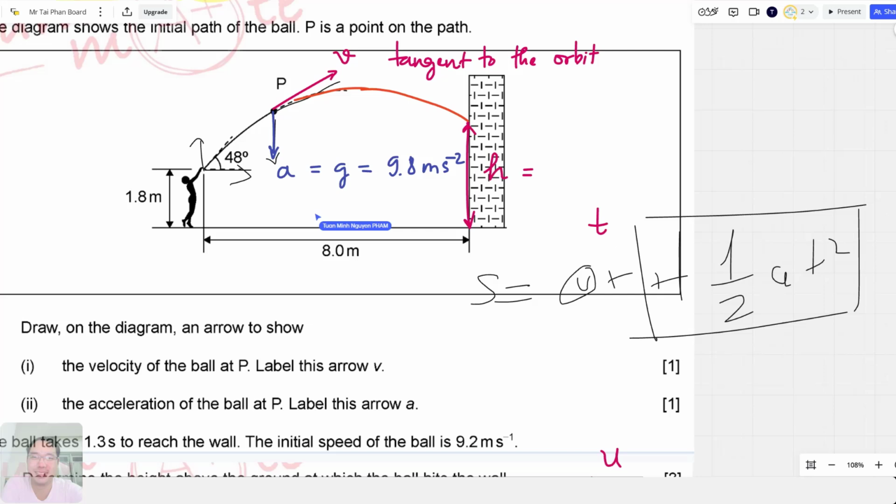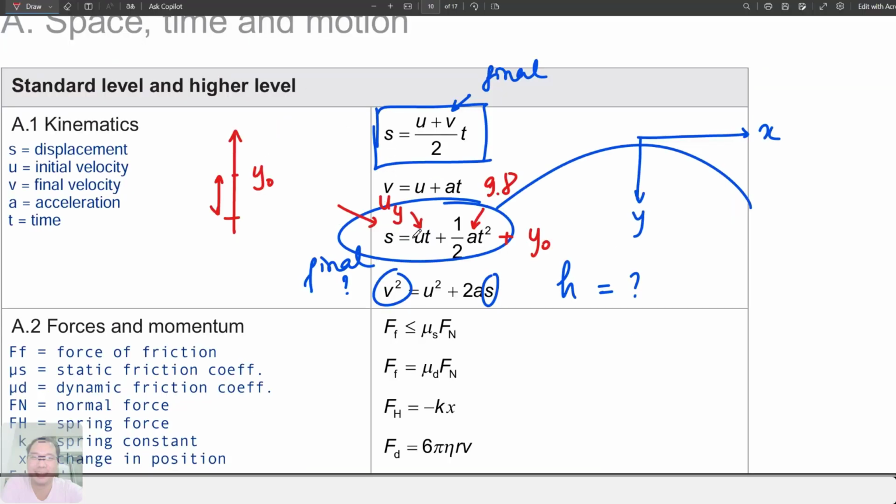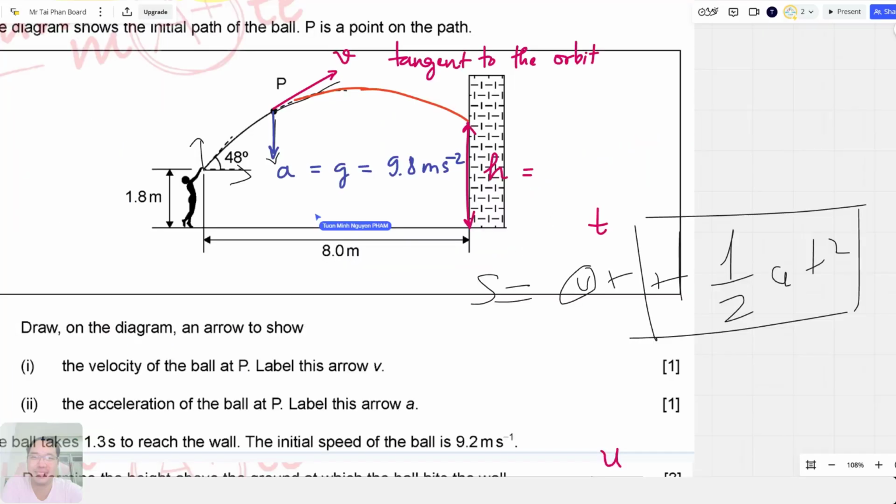Okay? Because this formula in the booklet gives the displacement of the ball, assuming that the initial position is 0, meaning that without y0 here, we choose the coordinate system so that the position where the ball leaves the hand is the origin. This is the y direction. This is the x direction.